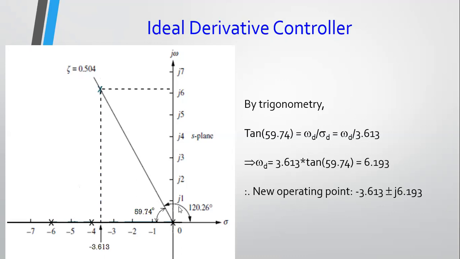You got that? And since it's along the same damping ratio line, you can now by trigonometry calculate what imaginary part you would need. Very simple trigonometry here, and we get a value of 6.193. It means a new operating point you want to be either minus 3.613 plus or minus j 6.193.